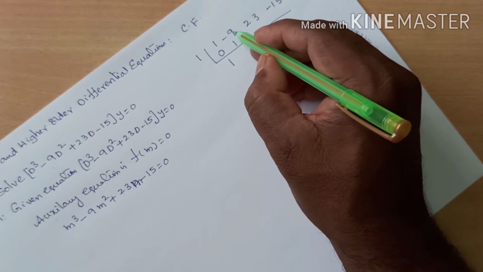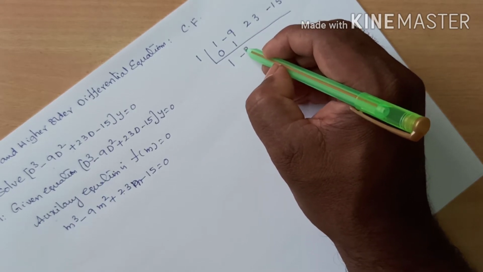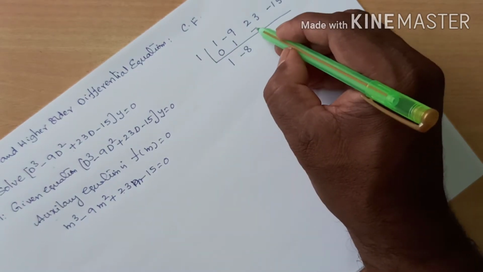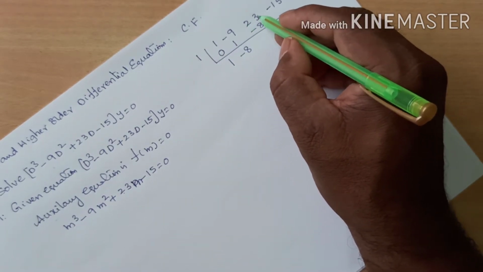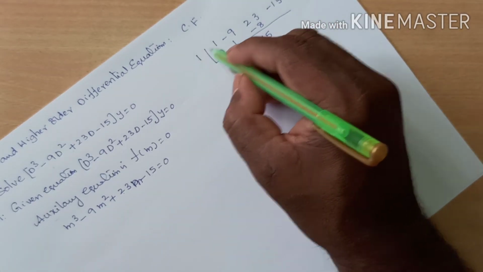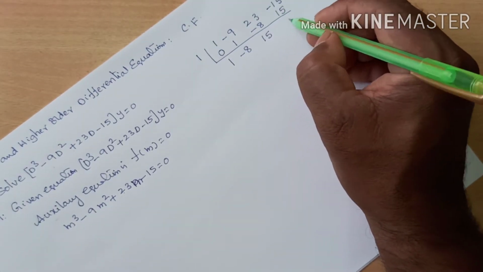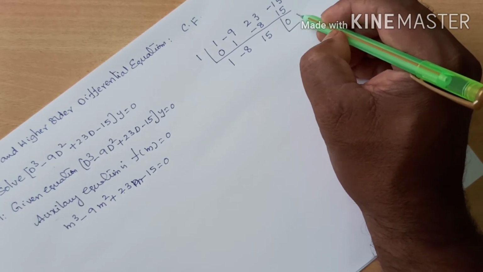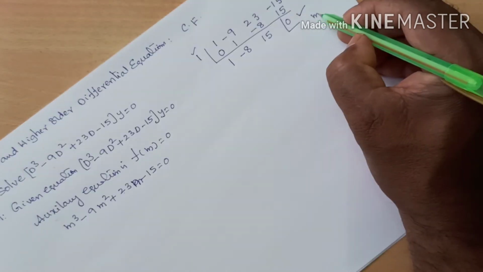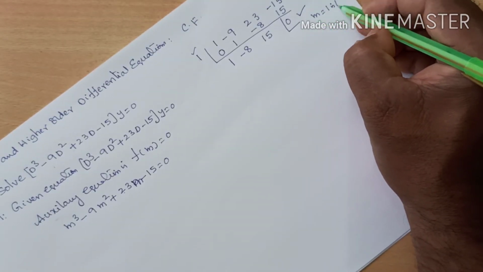Again, minus 9 plus 1 is minus 8. Next, minus 8 into 1 is minus 8. 23 minus 8 is 15. 15 into 1 is 15. That is 0, so if you get 0, then automatically m equal to 1 is the root.